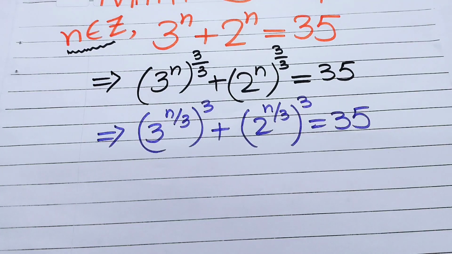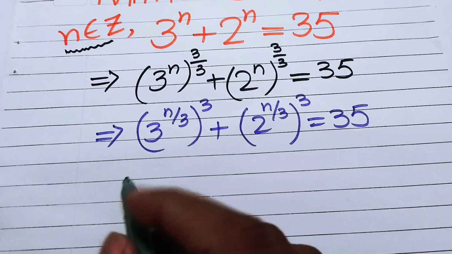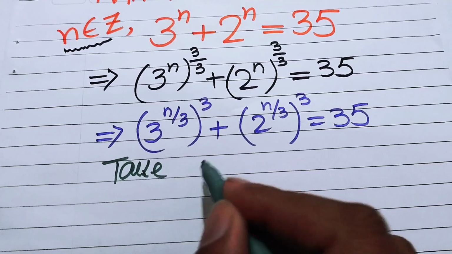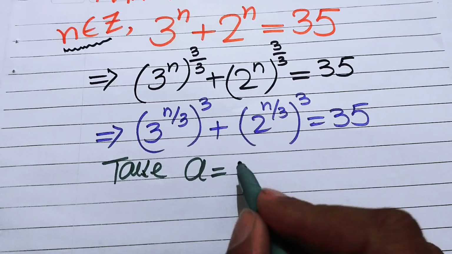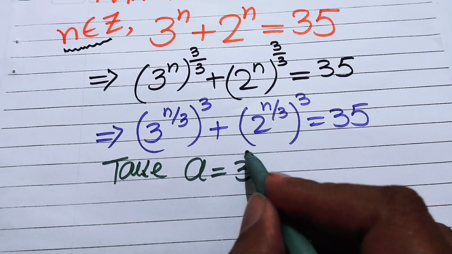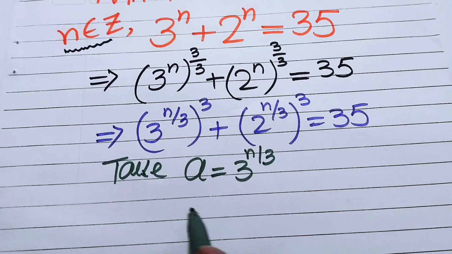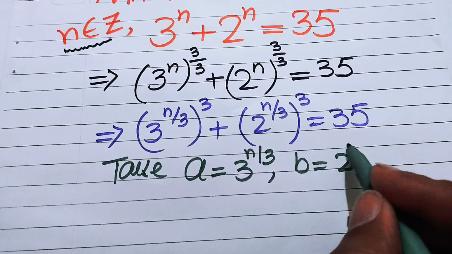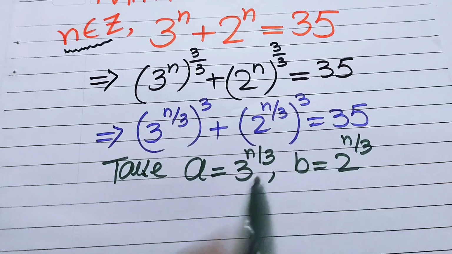So now in the next step we will convert this exponential equation into the cubic form, so we will just take a equals 3 to the power of n over 3, and b equals 2 to the power of n over 3.